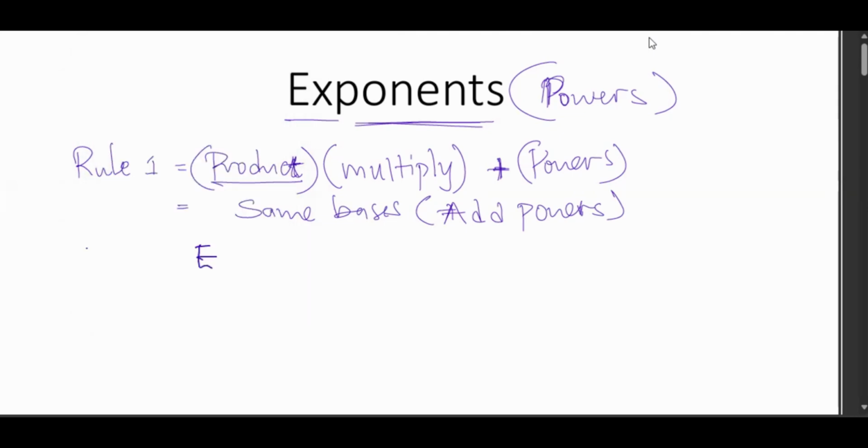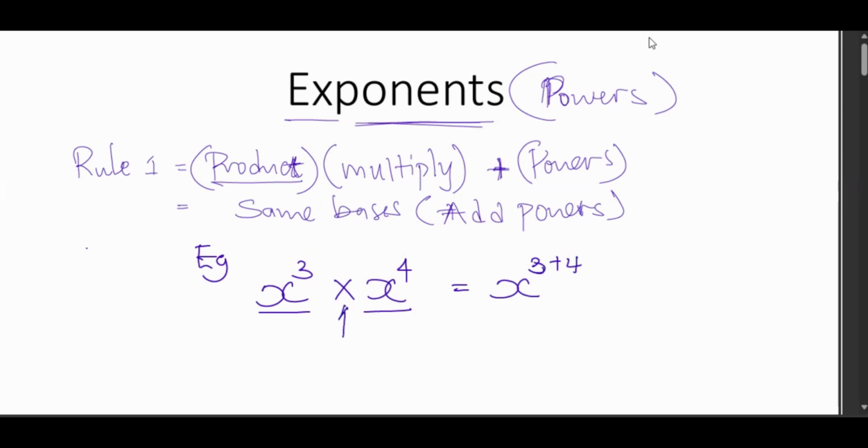Example, we have x to the power 3 times x to the power 4. These are the same bases, but different powers. So what will happen? It will be x to the power 3 plus 4. Why am I adding?